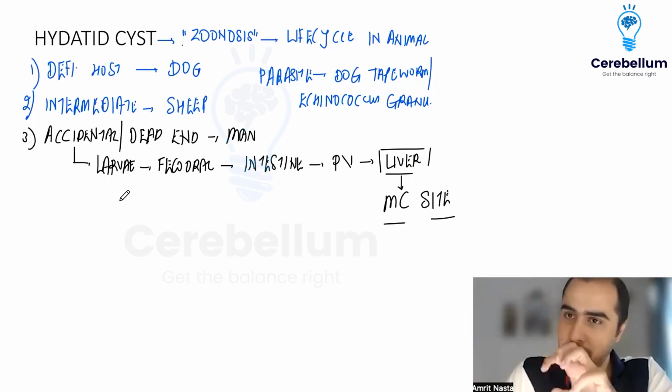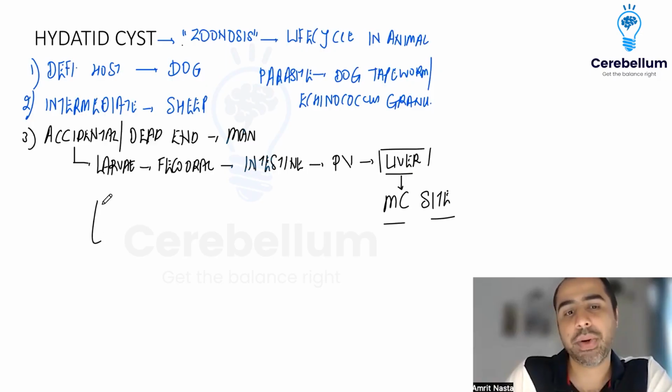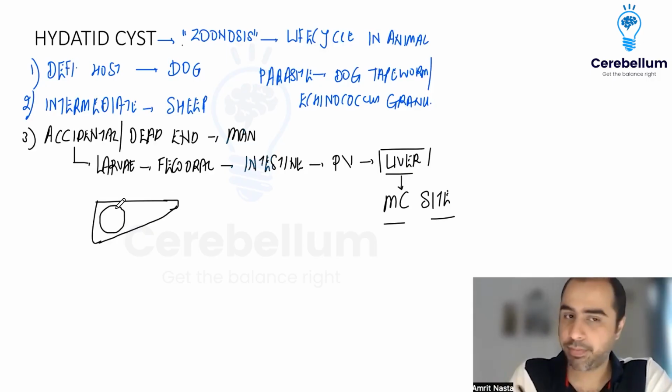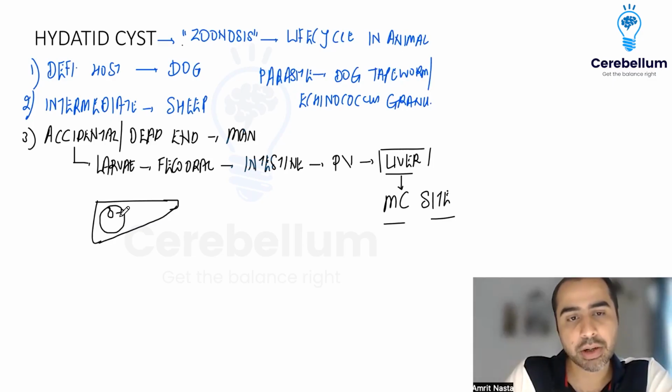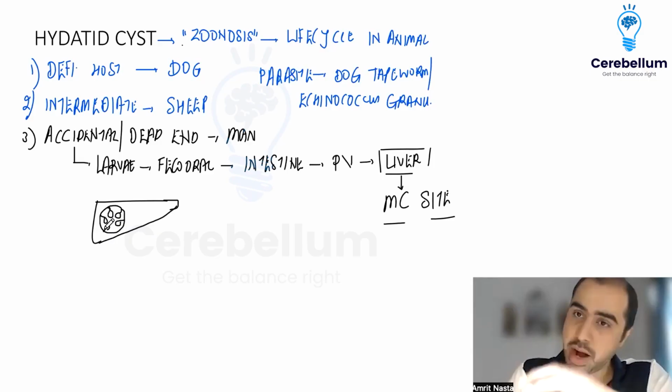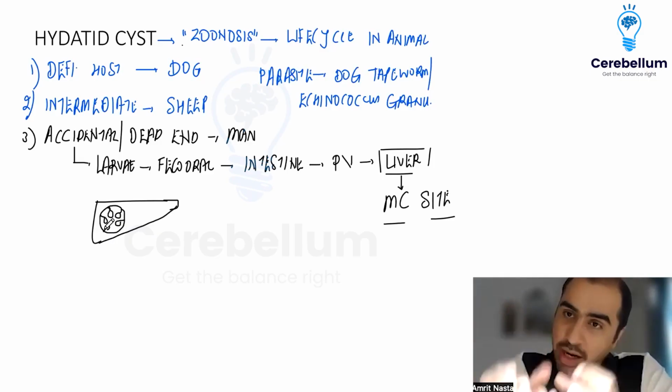Now, once the parasite, the larva, reaches the liver, what are they going to do? They are going to form cysts like this. This cyst has a very big wall, and inside the wall, it will start producing daughter cysts like this. And inside the daughter cysts, there can be more cysts.